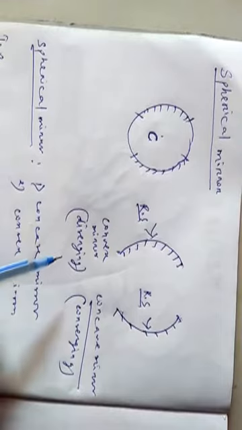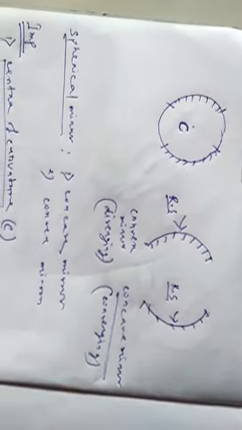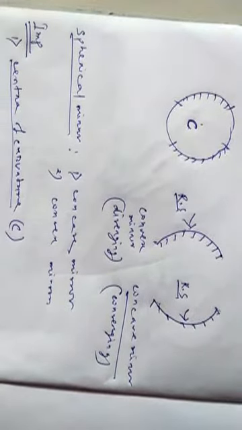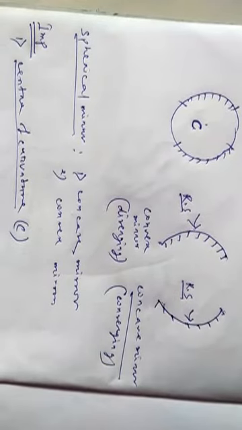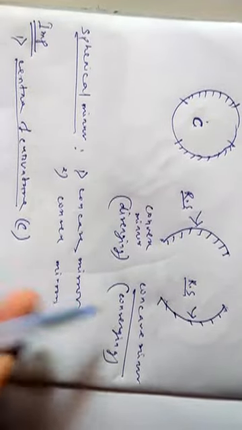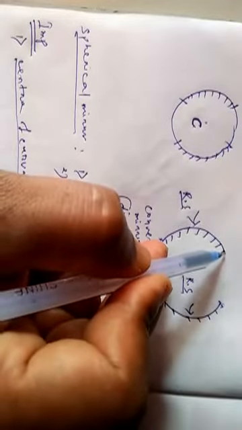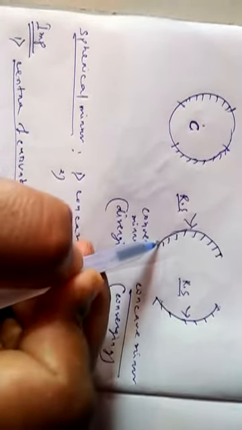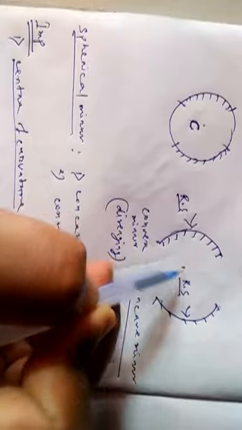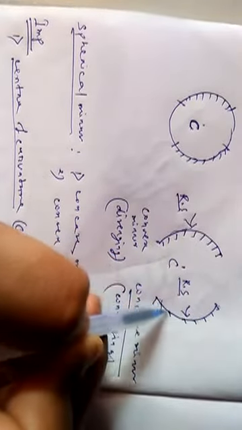This center is called center of curvature of the spherical mirror. The center of curvature of a spherical mirror is the center of that sphere from which the surface forms a part. So for convex mirror, this is the center of curvature, and for concave mirror, this is the center of curvature.